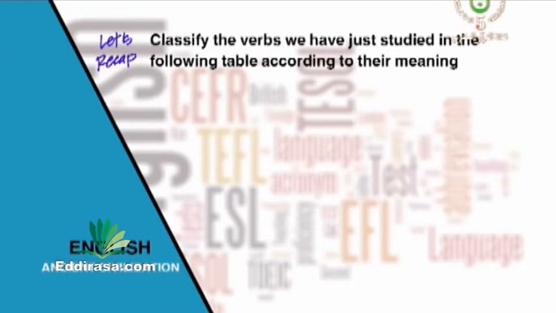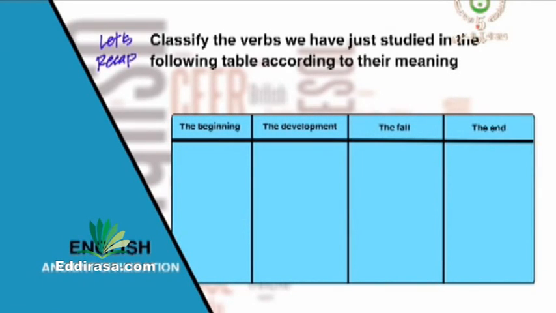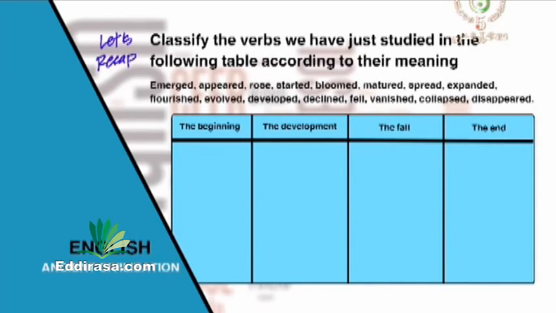Classify the verbs we have just studied in the following table according to their meaning. Some of them express the beginning, others the development, or the fall and the end of the civilization. All right? Let's start with the beginning.